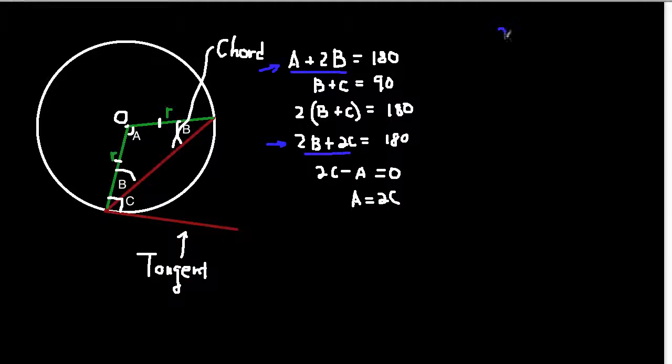Okay, so that's 2B plus 2C equal to 180. And then I'm subtracting from that A plus 2B equal to 180.